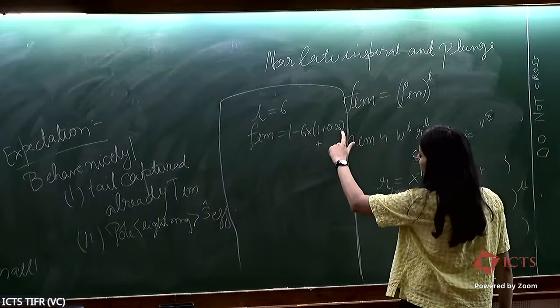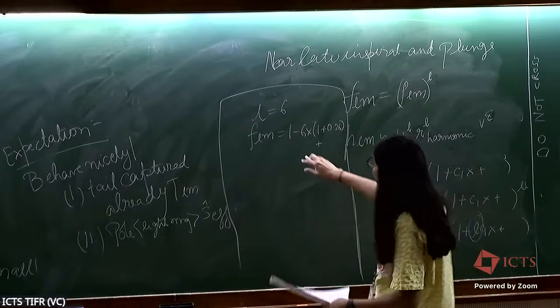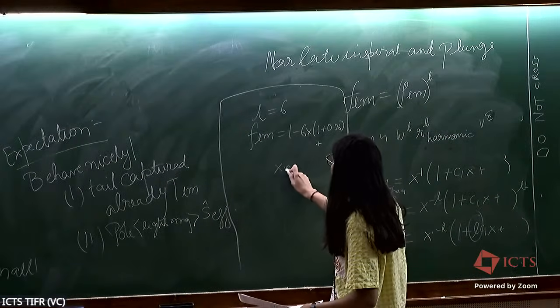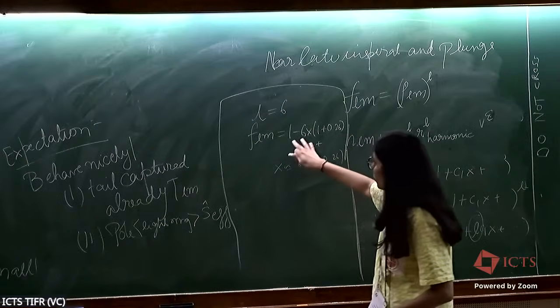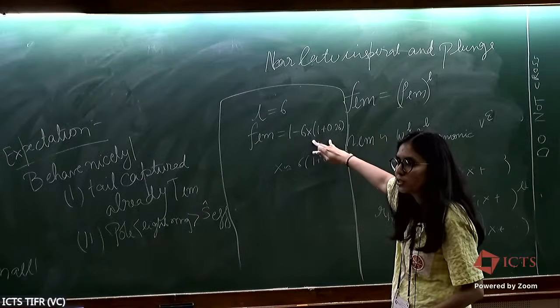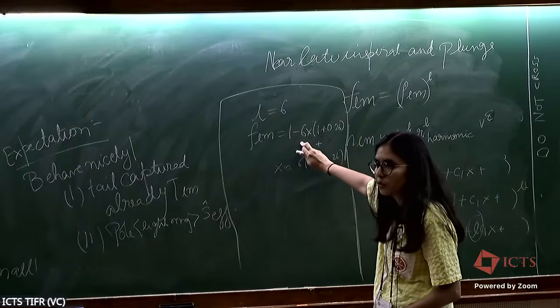This is the leading contribution, and this is the next leading order contribution. If my value of x is such that it equals 1 over 6 times (1 plus 1.26), the higher order contributions are of the same order as the Newtonian contribution, and this we do not want.